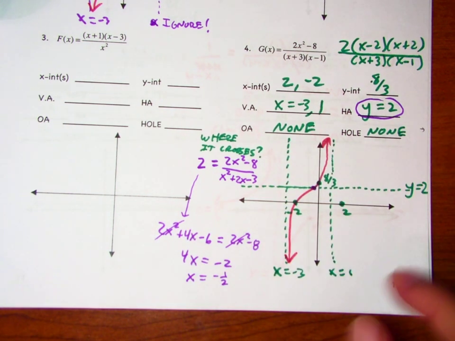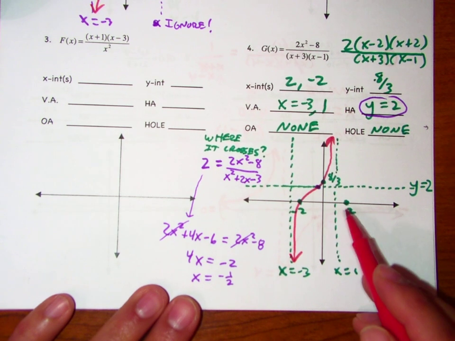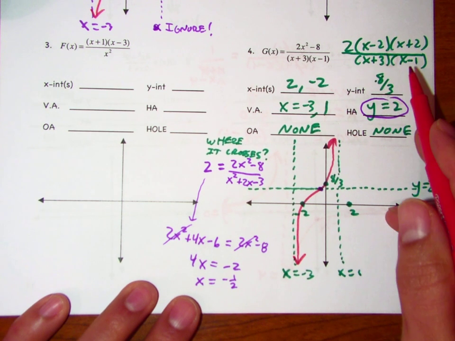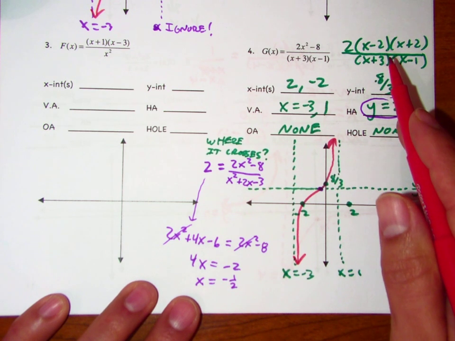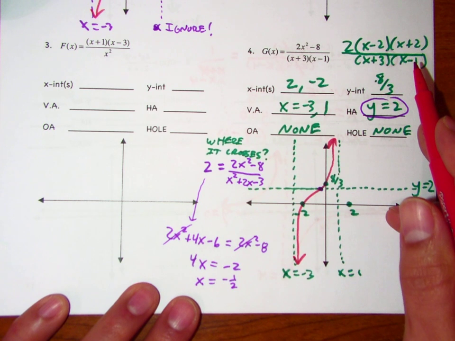And now, based off of that, we should be able to fill everything else in. You just got to make sure you hit all the points that you need to hit. The multiplicities of the vertical asymptotes are both odd, to the first power for the x plus 3, to the first power for the x minus 1. So this is another case where they always are heading opposite directions.